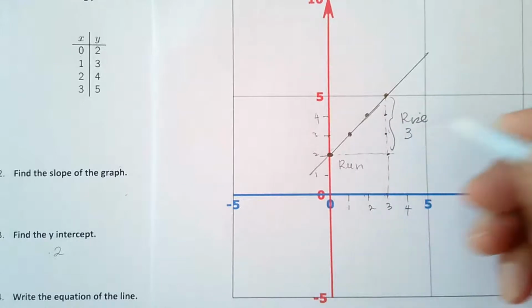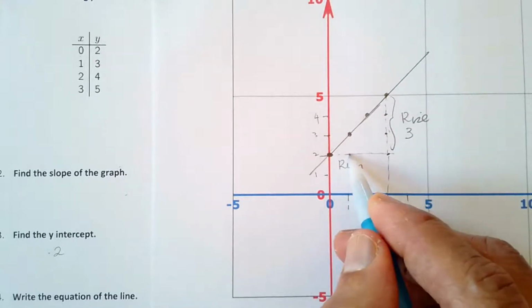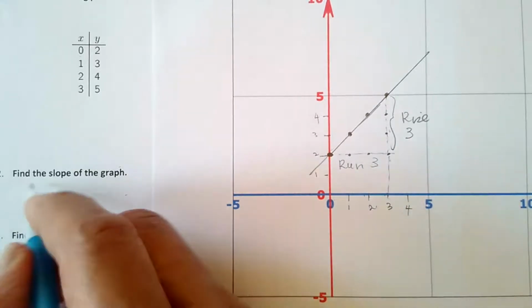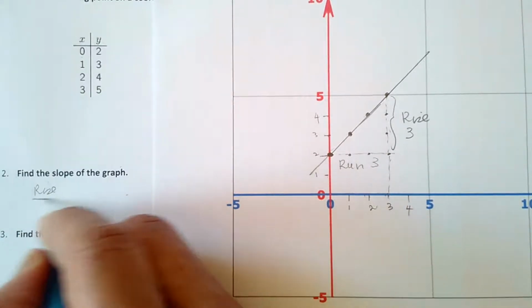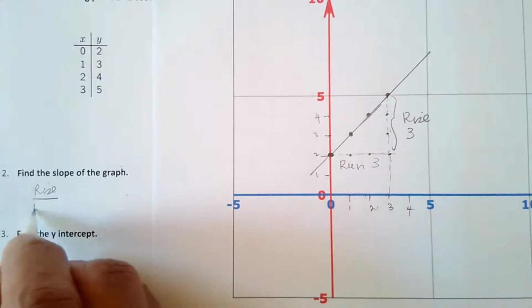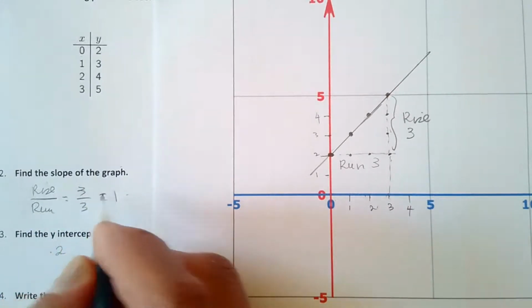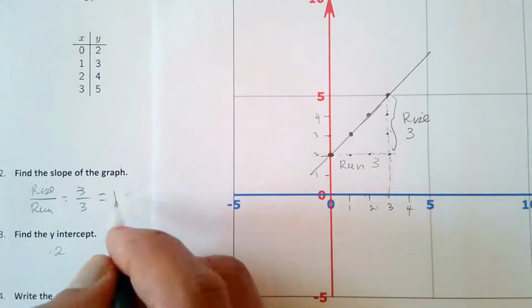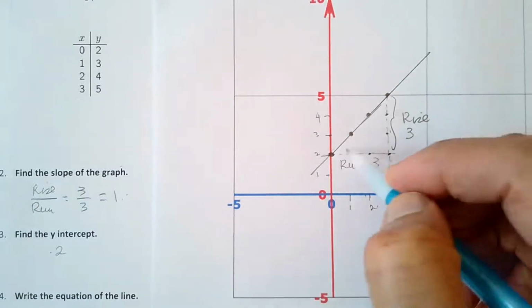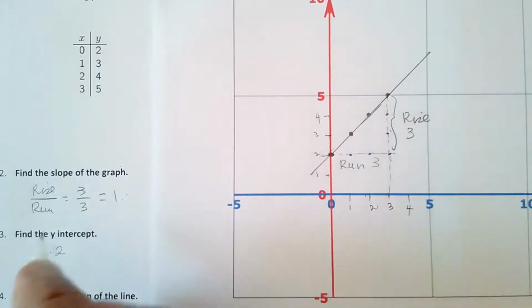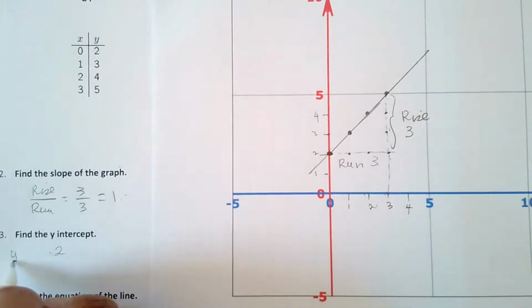So a rise of 3. The run is 1, 2, 3. So rise over the run, 3 over 3 is equal to 1. So slope is 1. So y-intercept is 2. Slope is 1.